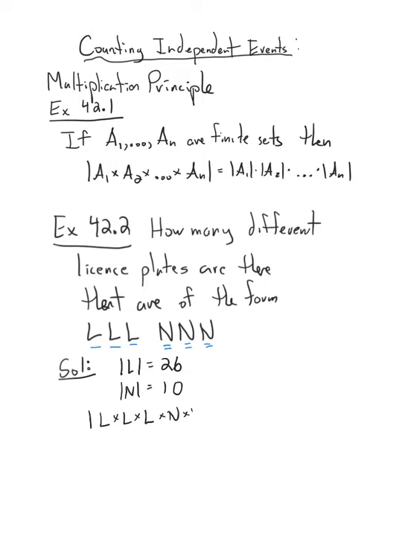And then times N times N times N. That's all the combinations of the 3 numbers we can pick. But we know the size of each set, so it's just multiplying everything together: 26 times 26 times 26 times 10 times 10 times 10, which you could write as 26 cubed times 10 cubed. So this is kind of the standard example.